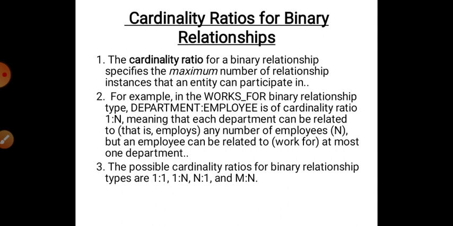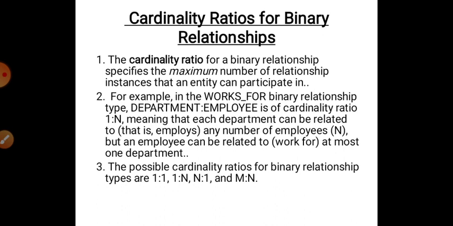Point number two, for example, in the works for binary relationship type, department versus employee is of cardinality ratio 1 is to n, meaning that each department can be related to any number of employees, say n. But an employee can be related to, or work for, at most one department.